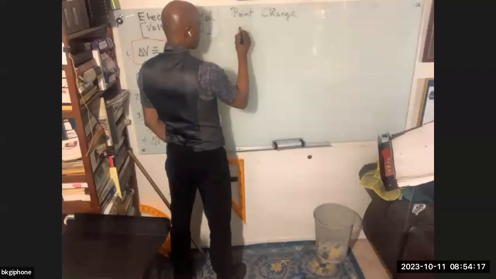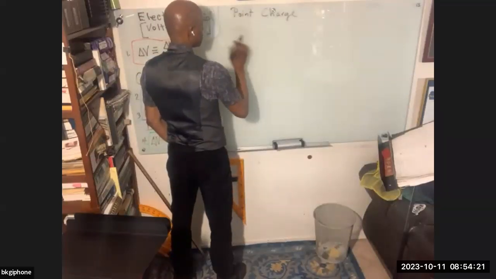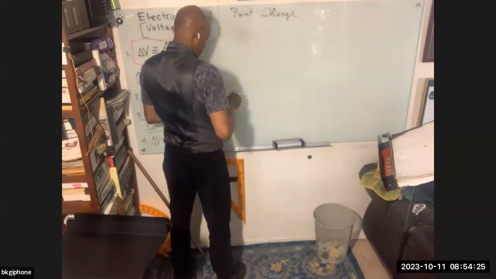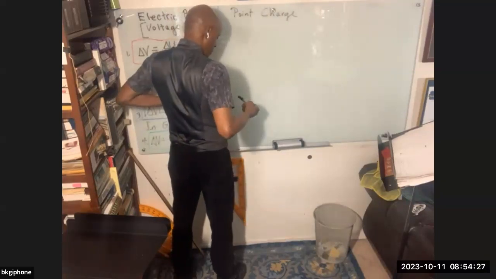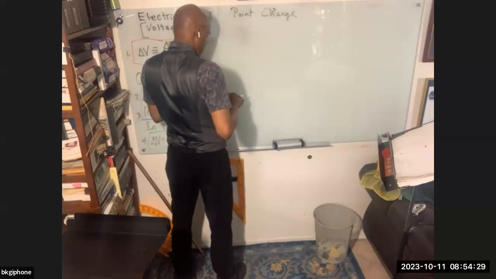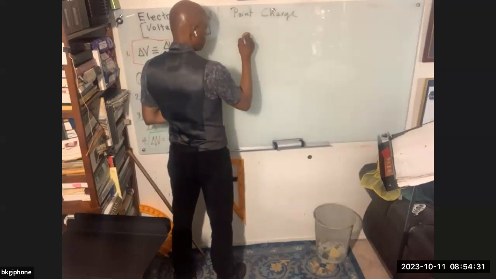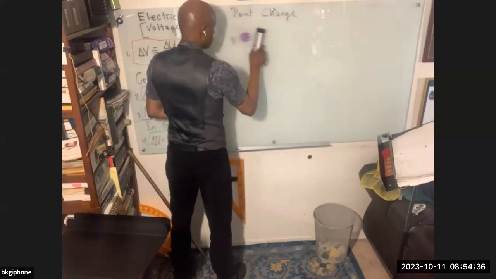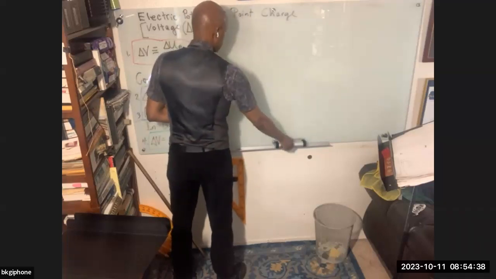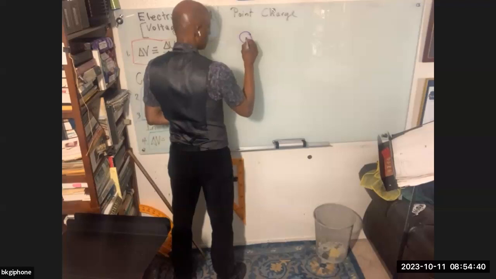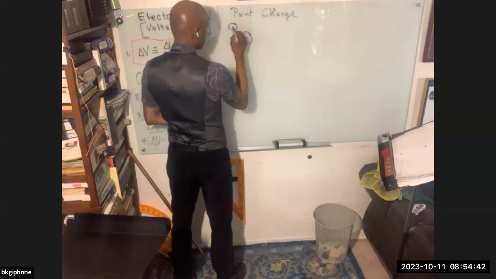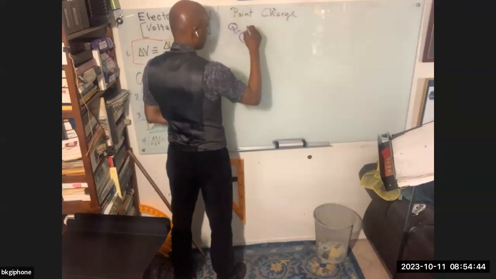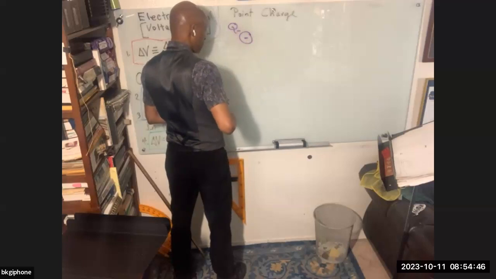The way we talked about it is that you had a large charge, or some charge distribution. In my case, I think I called it Q, so Q negative. And it has a specific field associated with it.